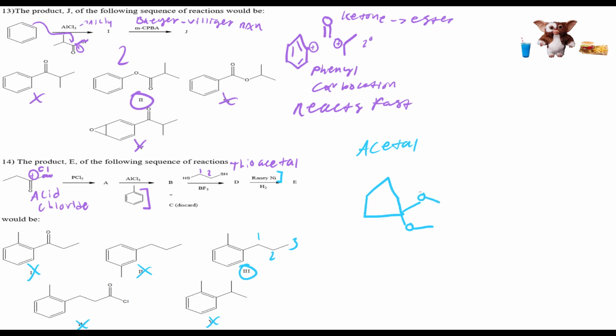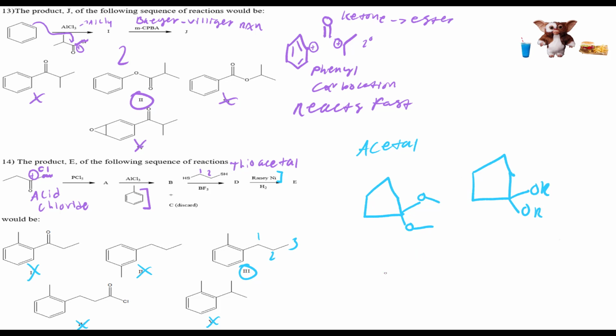So notice that this carbon right here in the center has 2 oxygens on it, but most importantly, it has an alkyl on it. So it looks like this. We have a carbon, we have an OR group on it. An OR group. So that's an acetal. That's kind of important.